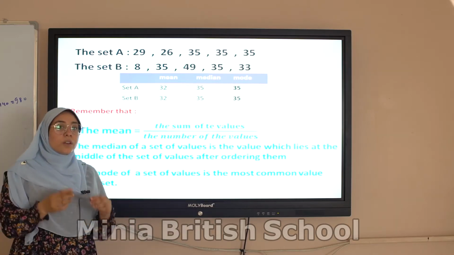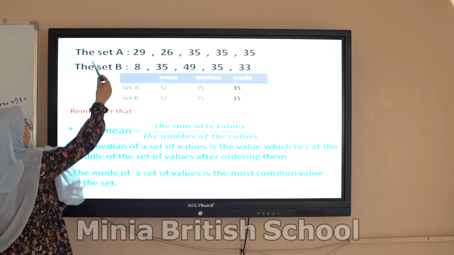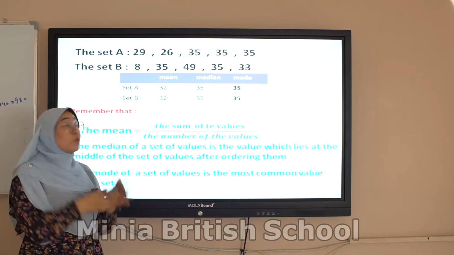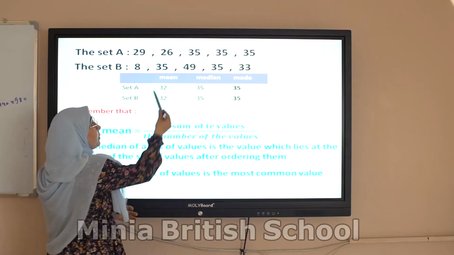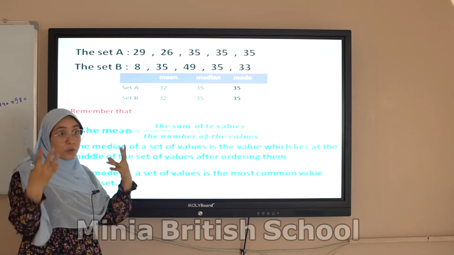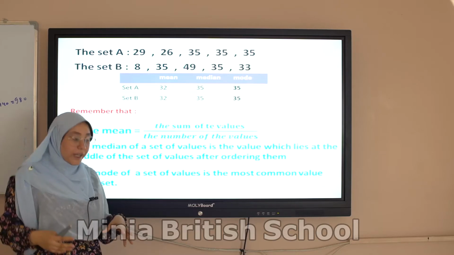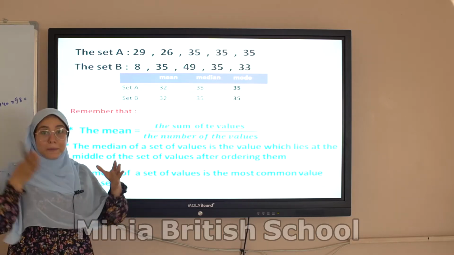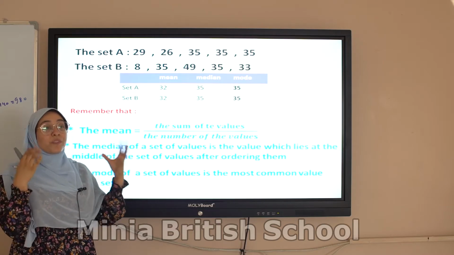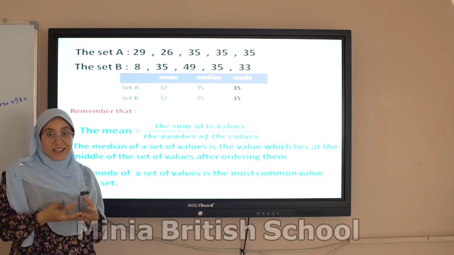Now, we know something. The two sets, set A and set P, are different, okay? But the mode, median, and mean have the same values. So mode, median, and mean are unable to describe the data, okay?